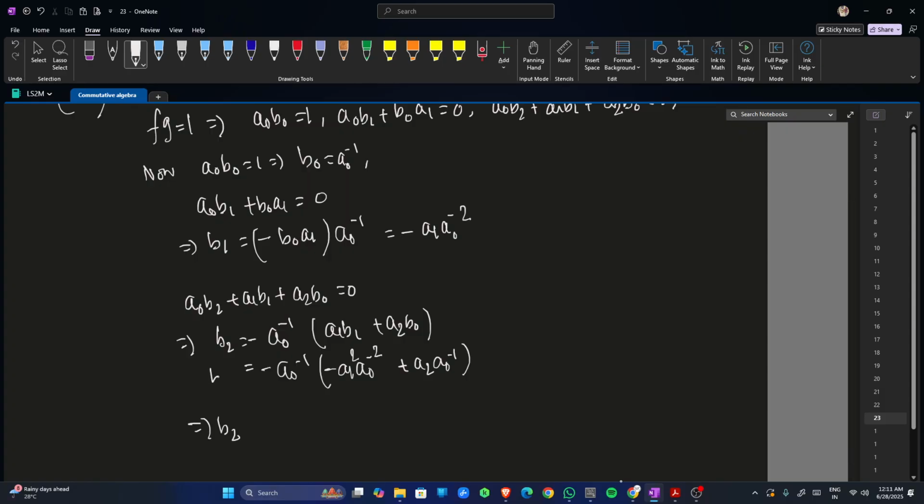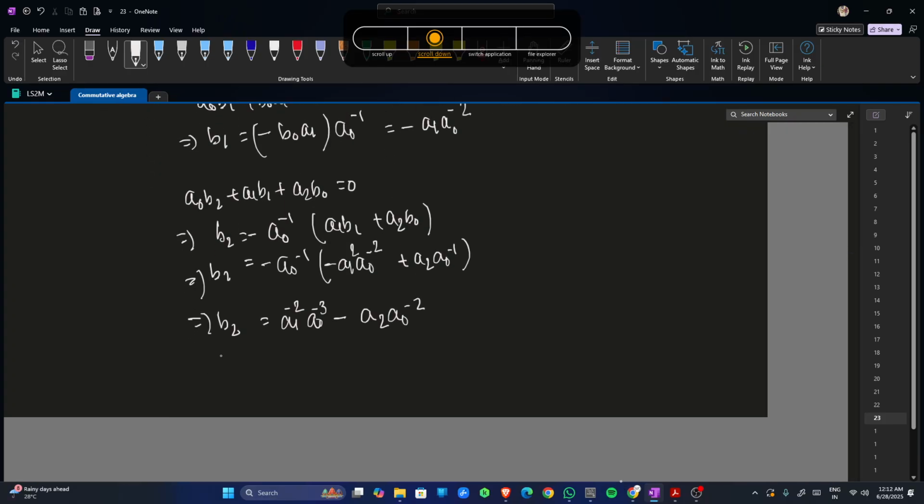So b2 is equal to a1 squared a0 to the minus 3 minus a2 a0 to the minus 2, and so on.